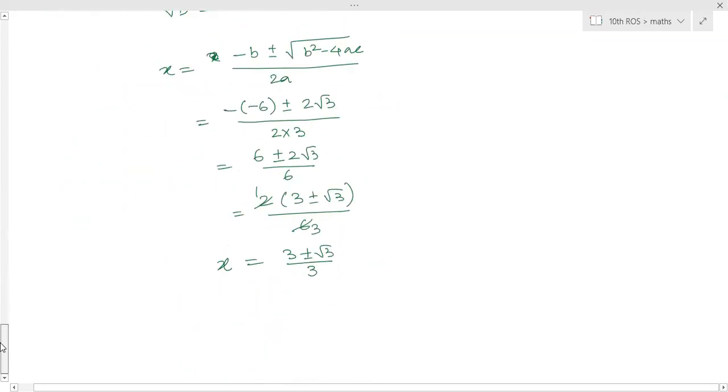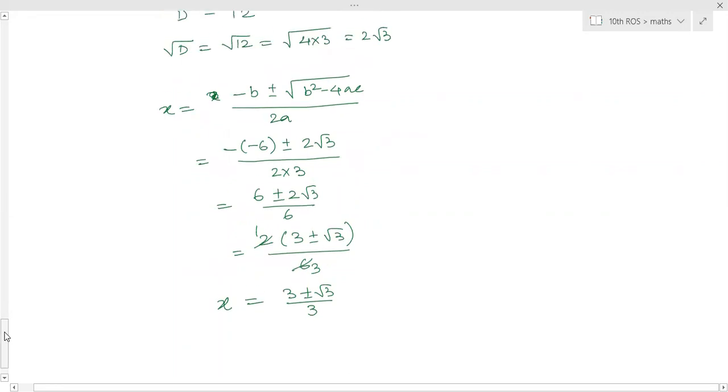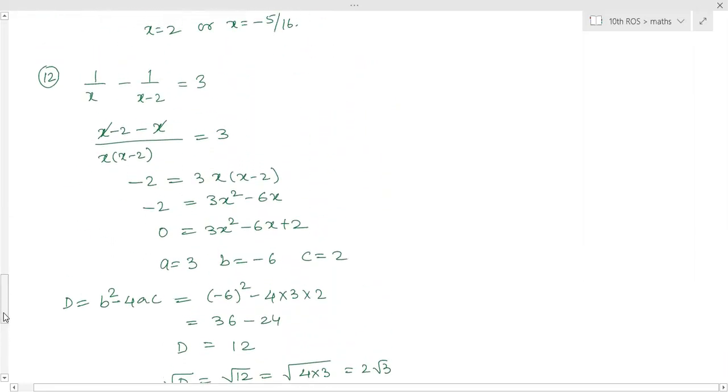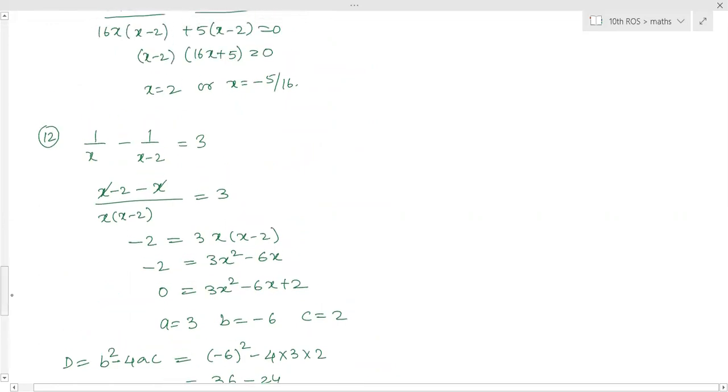Ma'am, we cannot cancel 6 and 6 over there, ma'am. Ankur, are you in class 10? Yes, ma'am. I tried it by the factorization method, ma'am. You got the same answer? No, actually we can do it by the factorization method, ma'am. You can do it by the factorization method, no problem.